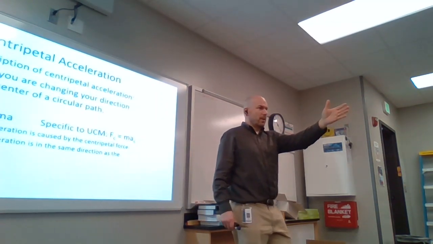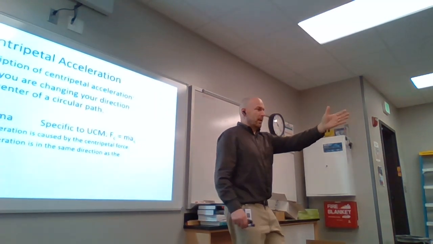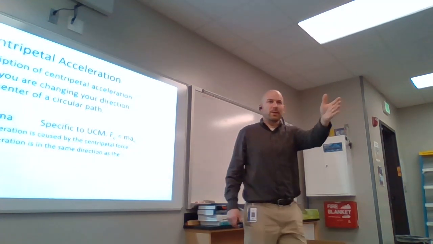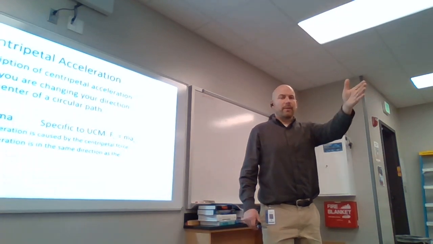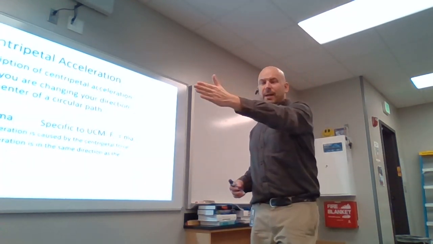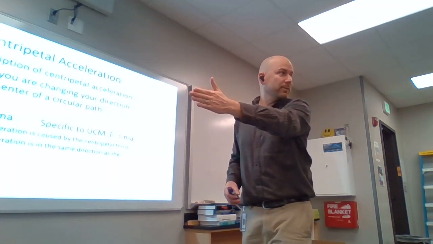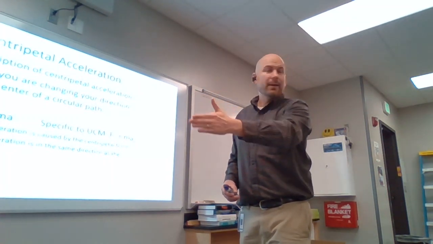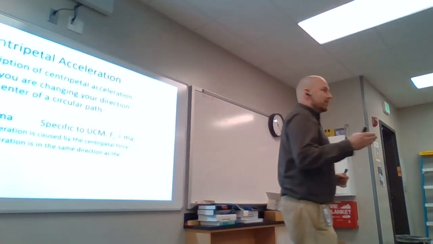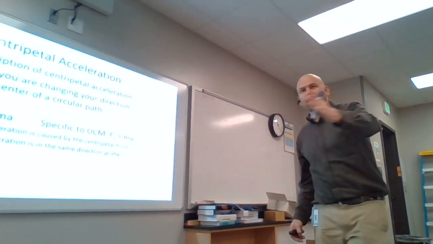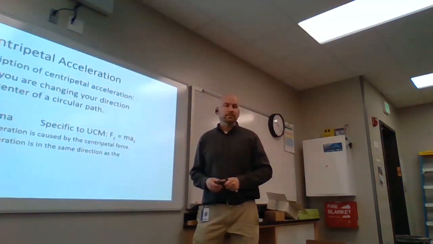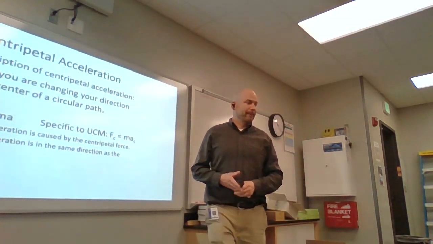To move in a circle, I'm changing my direction. How quickly this goes towards the center of the circle, this is what centripetal acceleration captures or describes. The speed stays the same, but the direction of velocity is changing. How quickly you're changing your velocity towards the center of the circle, that's centripetal acceleration. Okay.